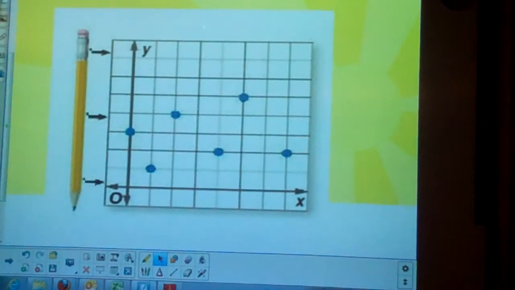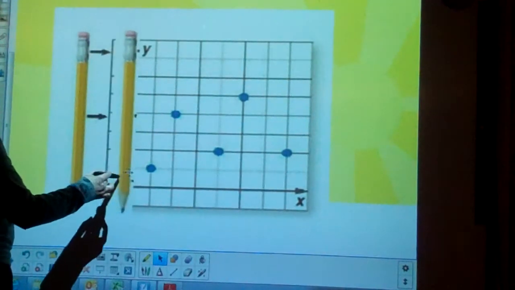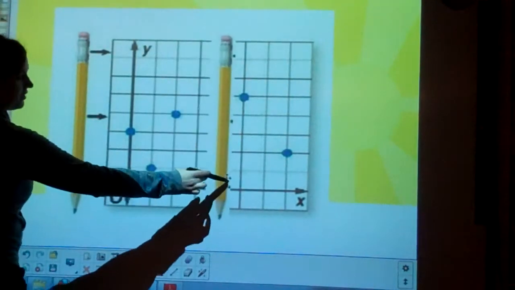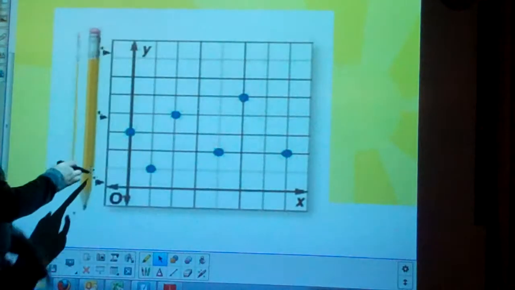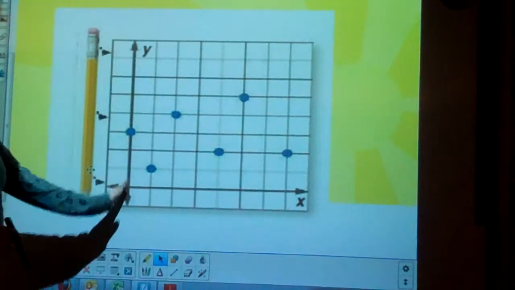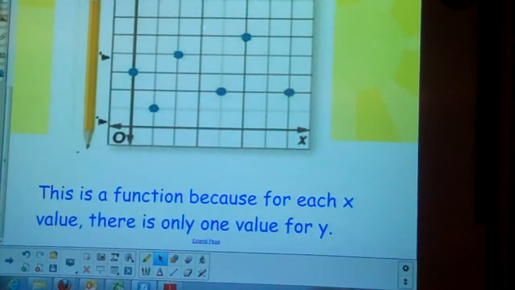If you take a vertical line, or a pencil, and you move it, as long as there is not more than 1 point on your vertical line, it's a function. So is this a function? Was there ever a point on the same vertical line? No, so this is a function. For each x value, there is exactly one y value.